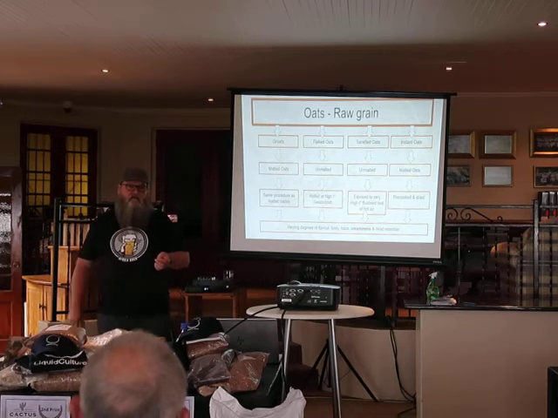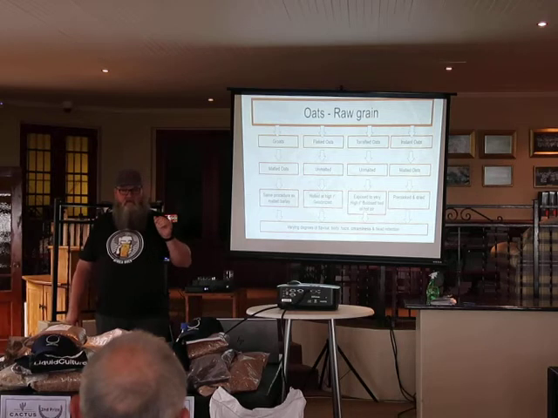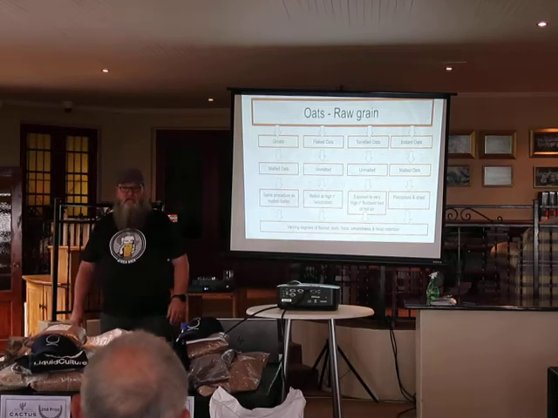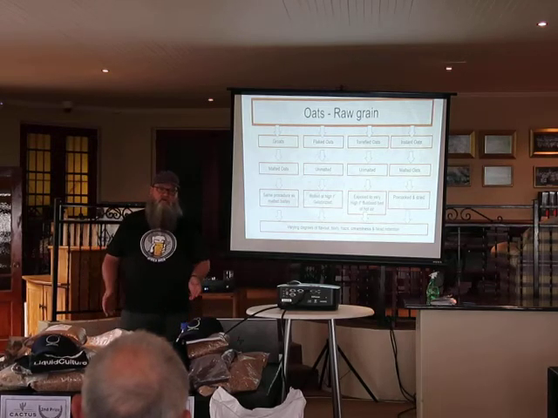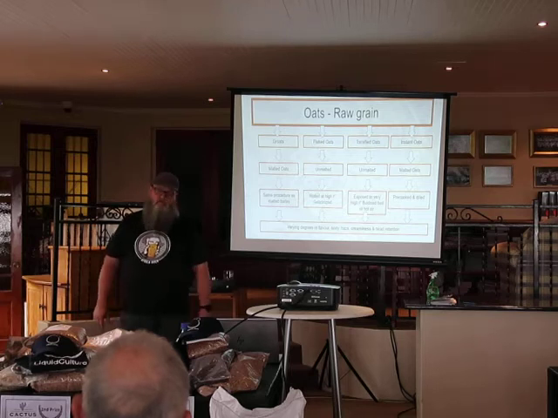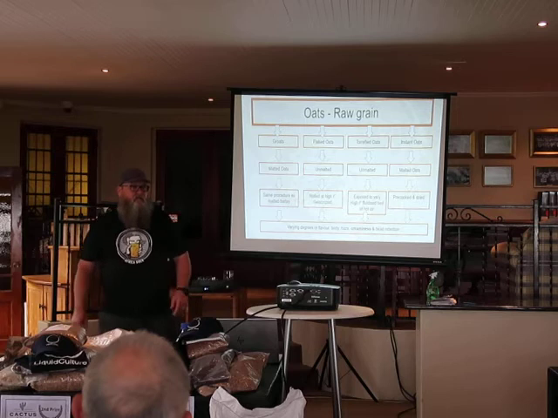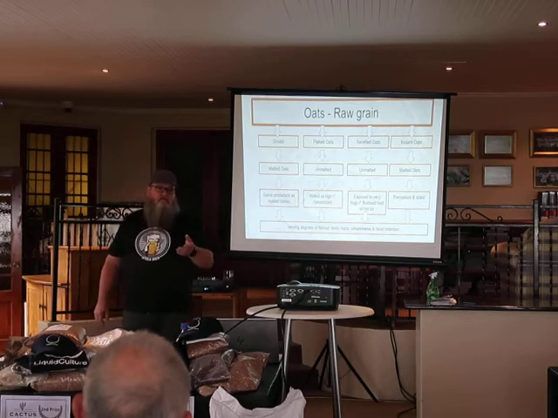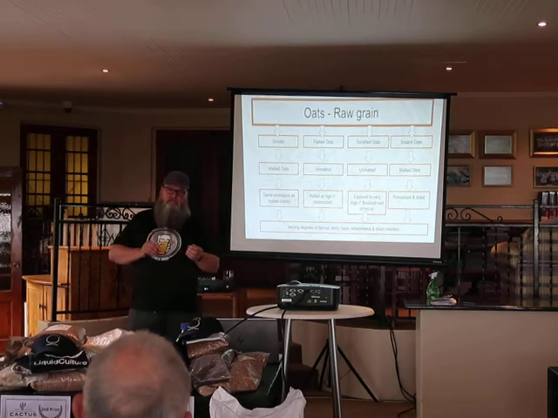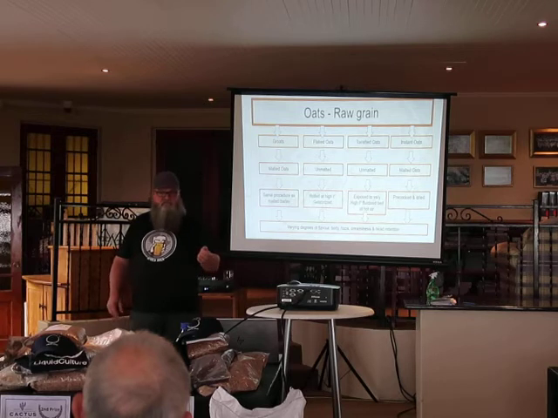Sometimes I use unmalted barley in it as well, and lots of oats and malted wheat. So sometimes I can't brew it without rice hulls or oat hulls. There's just no way, because it's just one lump of porridge. But I have found that if I start with the rawest possible type of oats, I get such a better rounded finish than if I use instant oats.